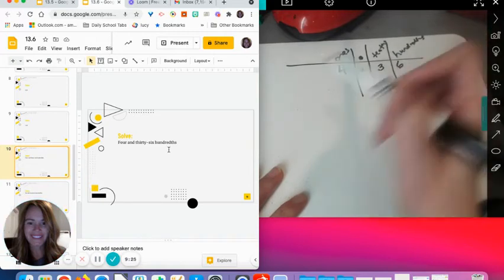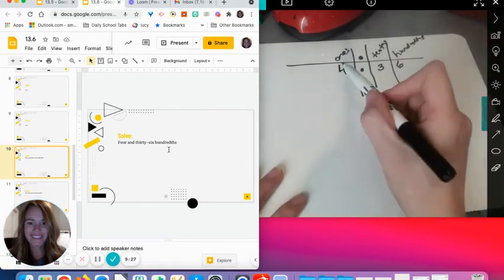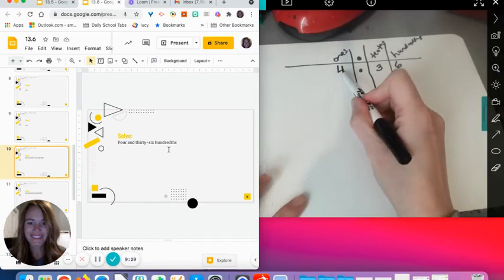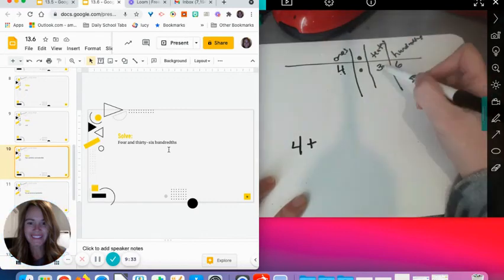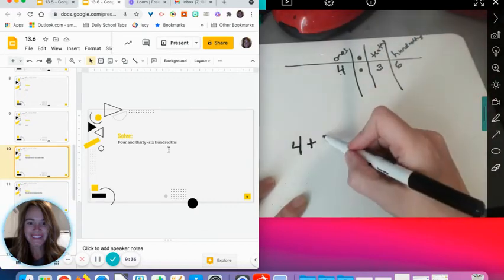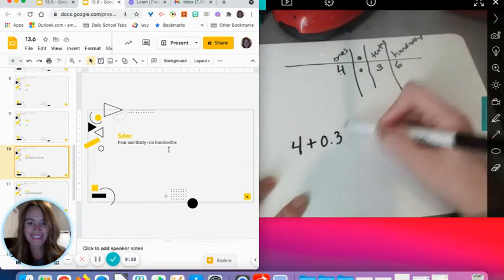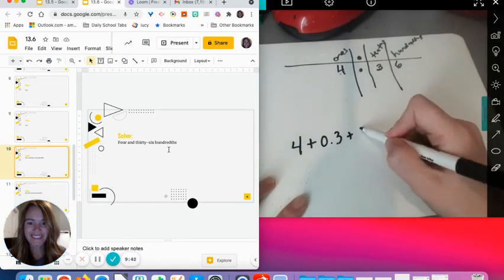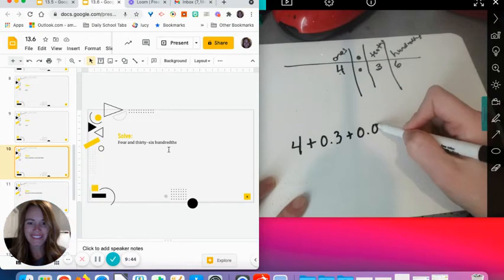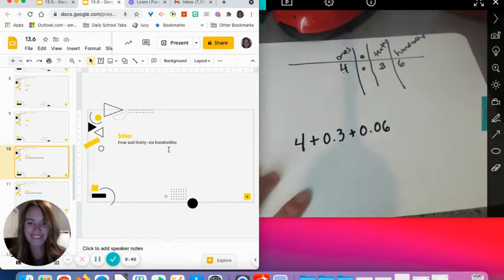So 36 hundredths. Okay, so then if I want to break this down, we know we have 4 plus 3 tenths. So 3 tenths is 0.3, and 6 hundredths is 2 digits over, so it's 0.06. And then we've already had this written over here in word form.